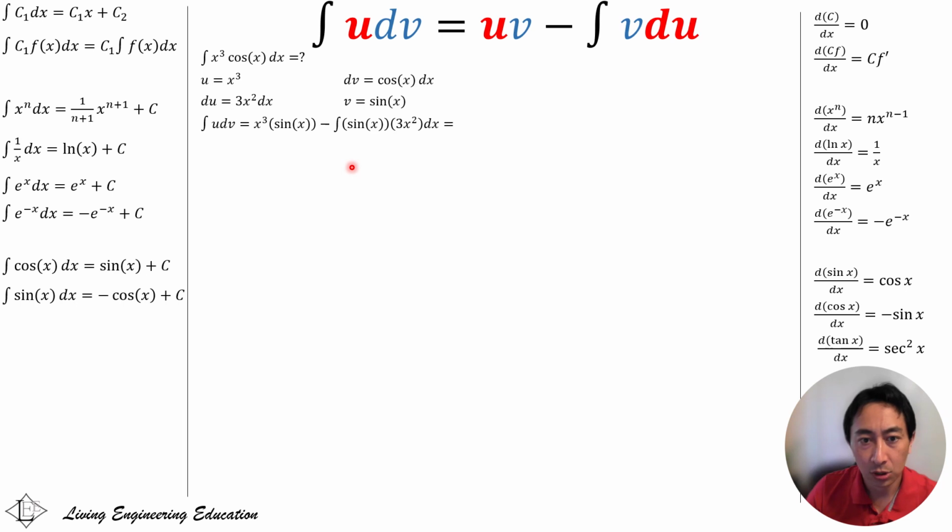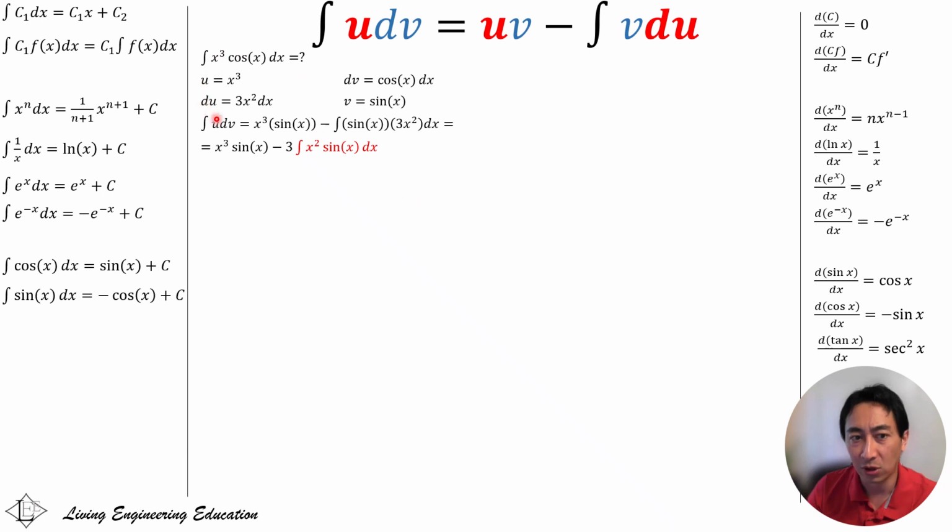All right, so I can simplify this before we take the next step. So x cubed sine x minus, I pull the 3 out, so 3 times the integral of x squared sine x dx. And I put this in red text because I'm going to set up the integral by parts for this section only. And we're going to repeat the process.